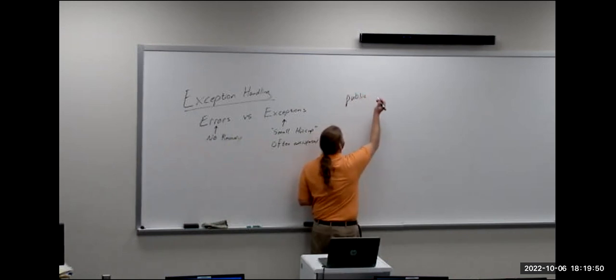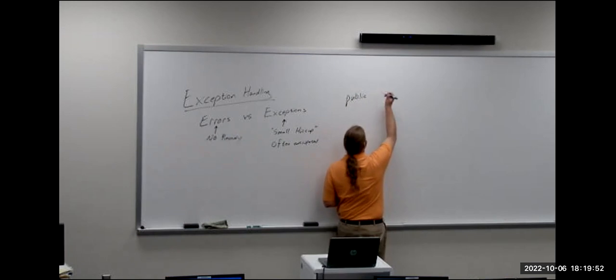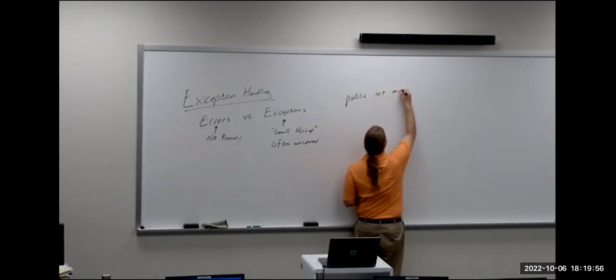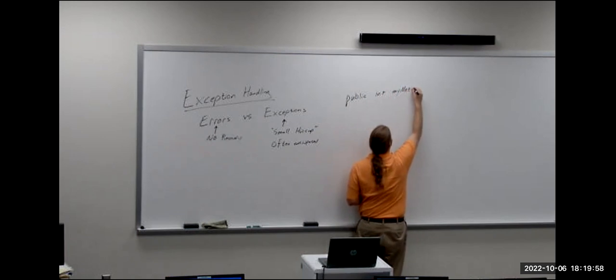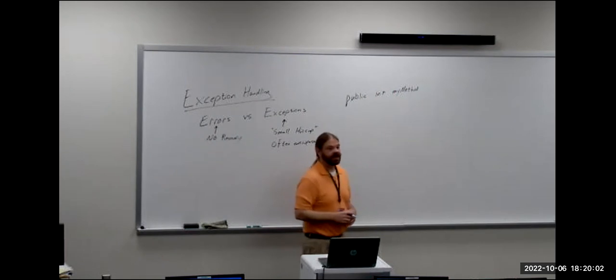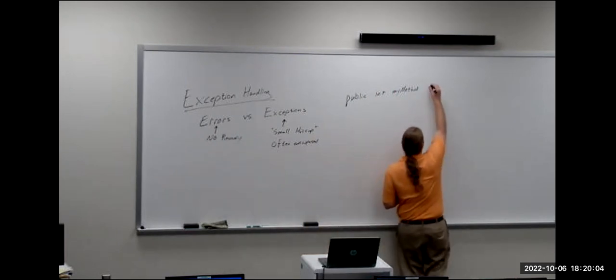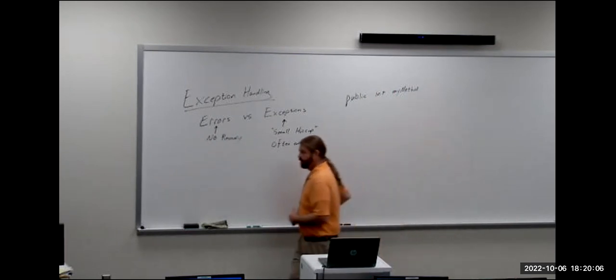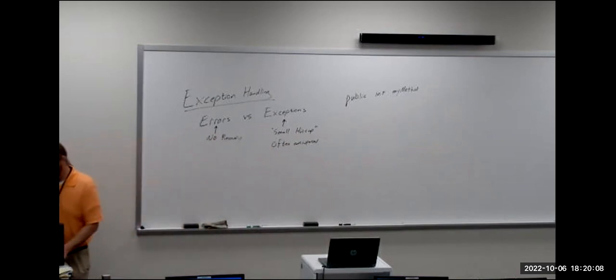So when we make a method, I don't know, public and my method, that sounds like a good name for it. We can include a little statement in here that says throws. I'm putting it in a different color. That's gonna make it stand out.